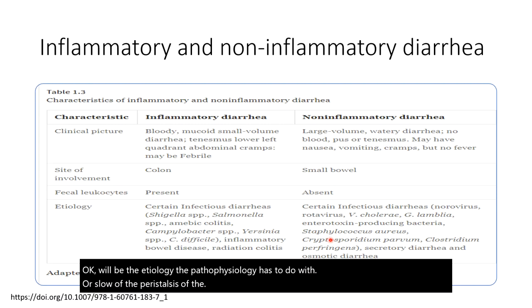We're going to see blood. Also, the volume of the diarrhea is not going to be big. We can present tenesmus. Tenesmus is like contractions of the rectum, with cramps, and maybe we can have fever.